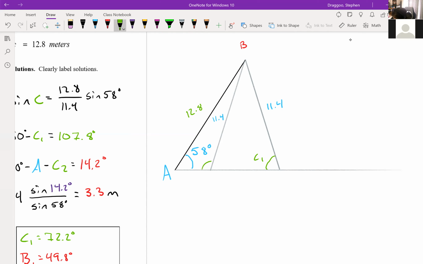This angle right there, that's C2. Meaning that this longer side length that comes all the way out is B1, while this little guy is B2. And that's what our two triangles would look like.